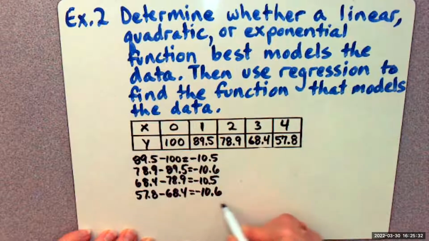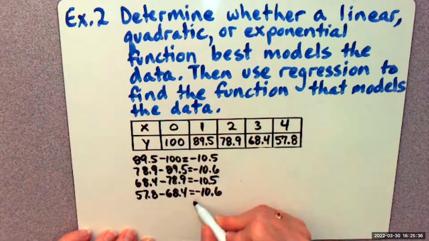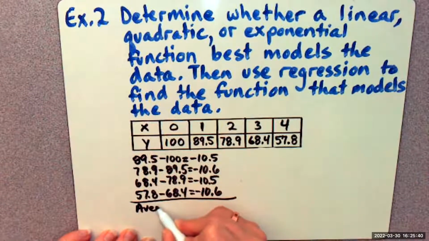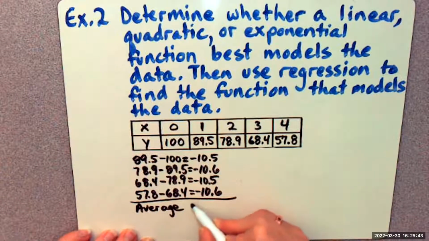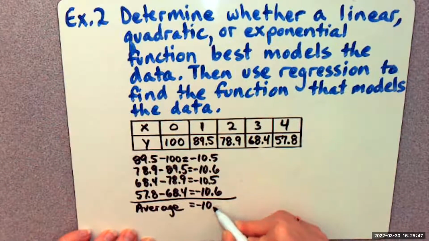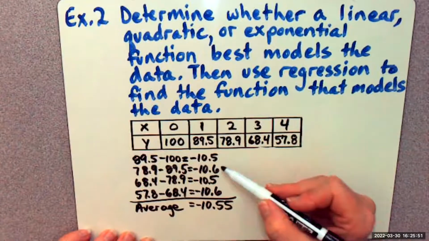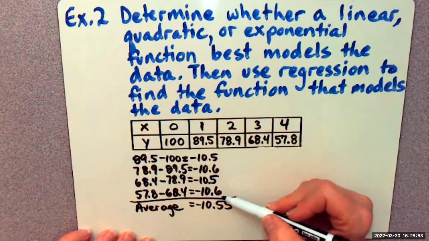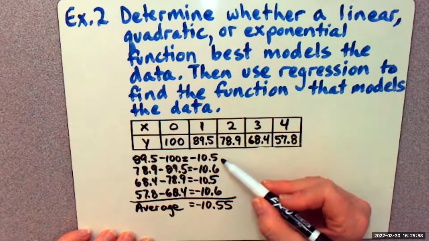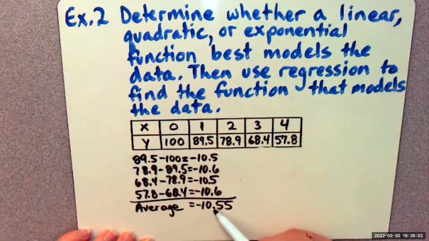Now if we add this all up and divide by 4, we would get an average first common difference of -10.55. These are very close together, and for a real life situation, they're practically the same. So when they're practically the same, you probably want to take an average and get a number like that.